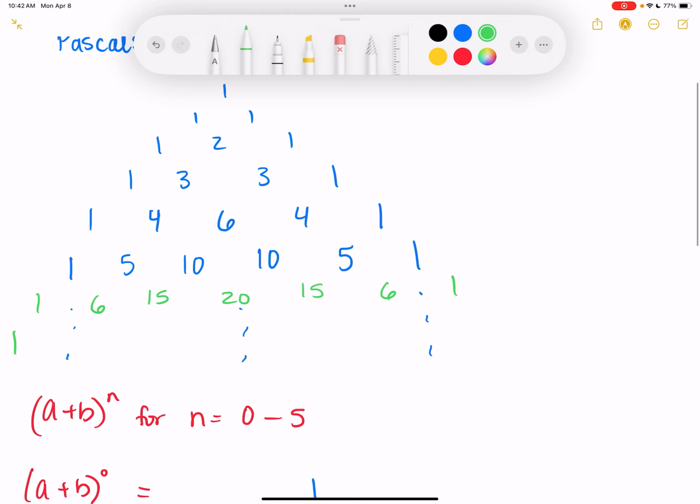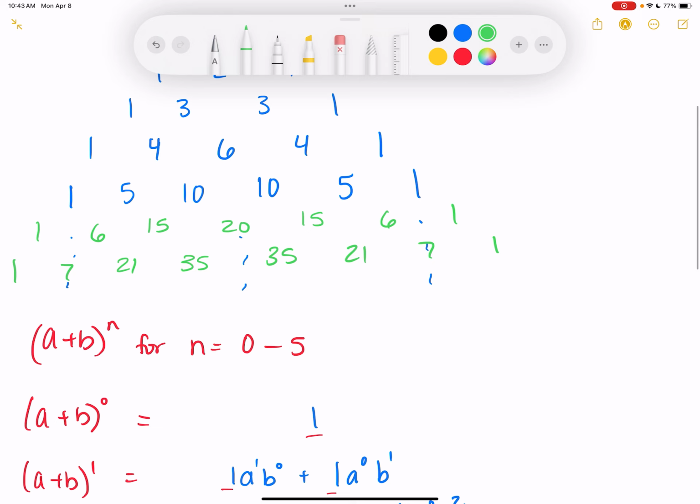And if you wanted, 1 plus 6 is 7, 6 plus 15 is 21, 15 plus 20 is 35, 20 plus 15 is 35, 15 plus 6 is 21, 6 plus 1 is 7, and then just 1 on the end. So that would take us out to 6, 7, and that would be how we just keep going with it. But that's kind of where this stuff comes in.